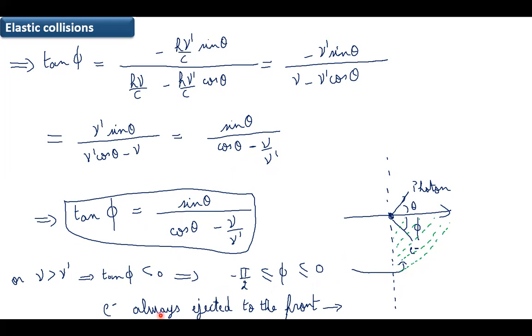So electrons are always ejected forward to the front, only in this quadrant, not upwards, not backwards, only in this part that is highlighted by the green color. Okay, so we only have electrons in this part of the space.